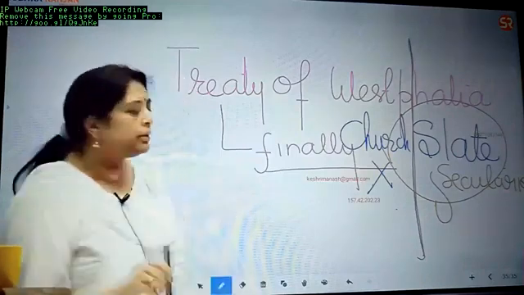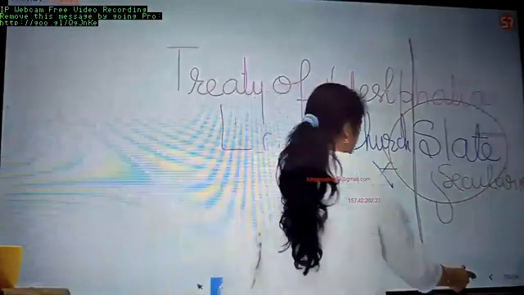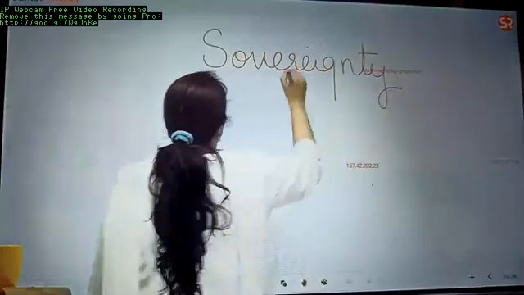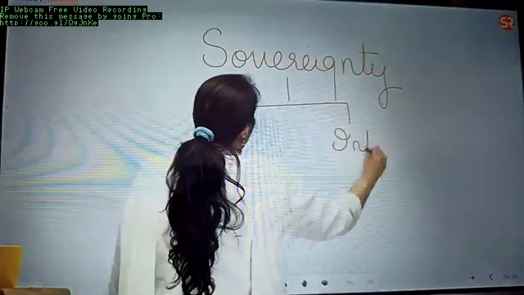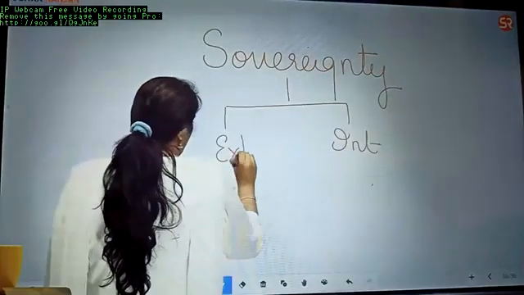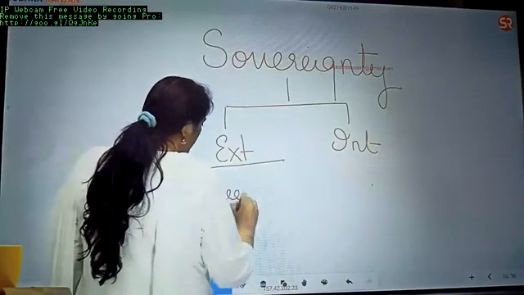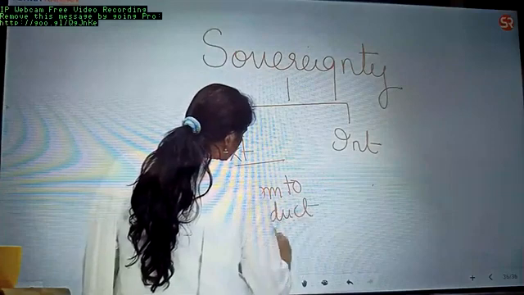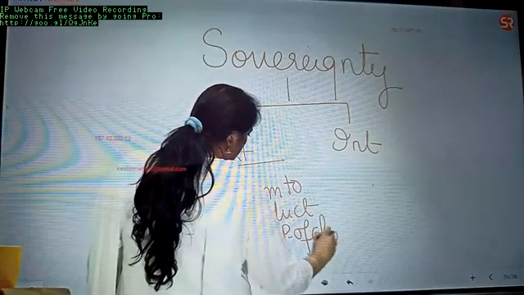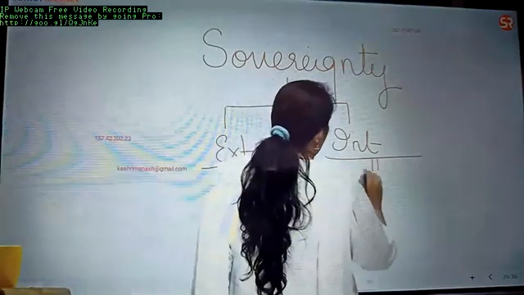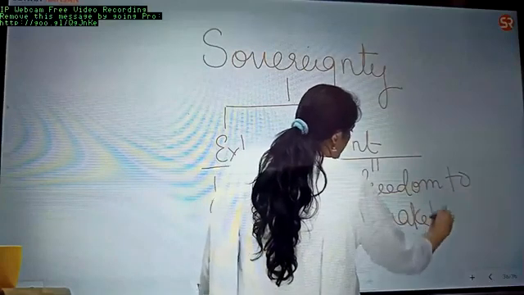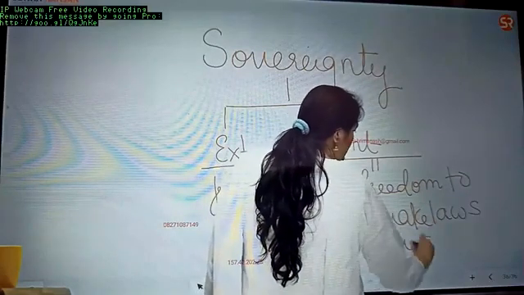Okay? Now, sovereignty has two dimensions, internal and external. Fine. External means freedom to conduct the foreign policy of choice. Internal means freedom to make laws in the domestic sphere.